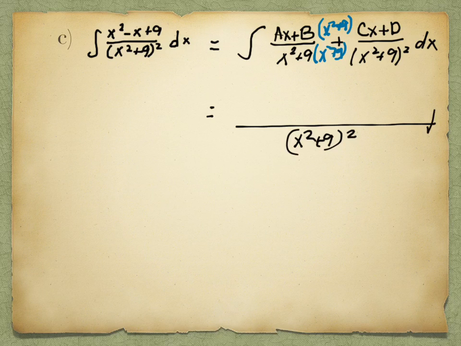First, outer, inner, last. So I've got ax times x squared, which gives me ax cubed. My outside terms are ax times 9, so I've got 9ax. My inside terms are b and x squared, so I've got bx squared.